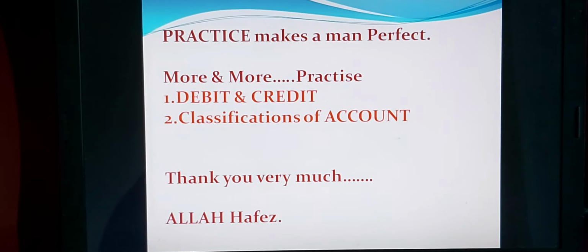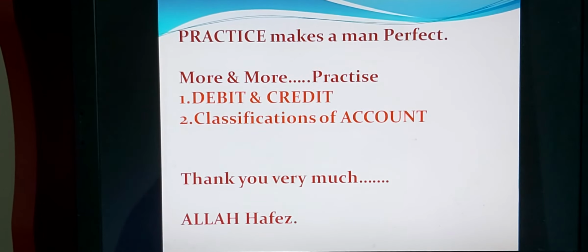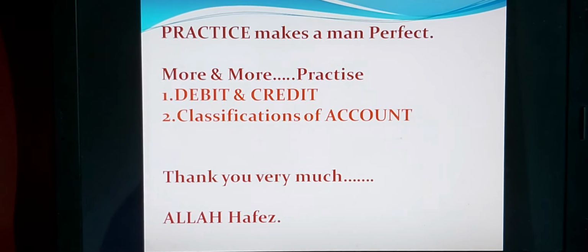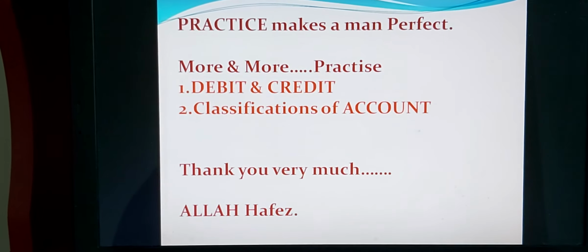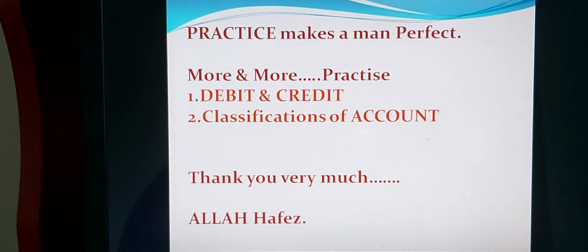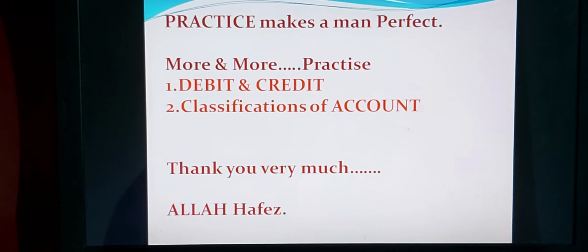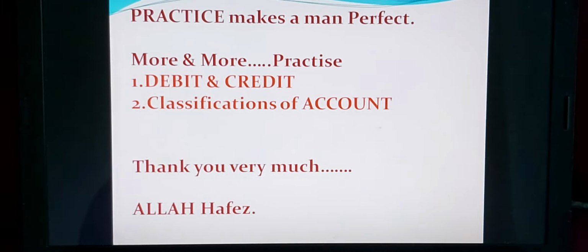Which items in this chapter? Debit and credit, classifications of account. In this chapter, the main topic is classification of account, but debit and credit is always the most important topic of any chapter. You have to know this from this moment. Always practice debit and credit more and more for the betterment of the accounting subject.